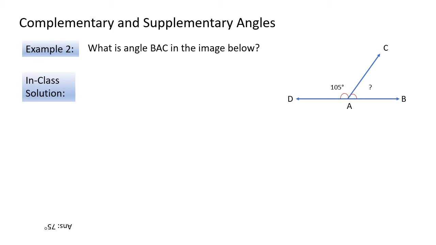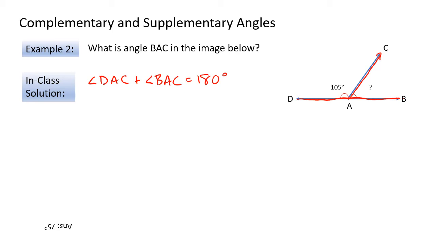So what we notice here is the line DAB. It's been split, okay, by adding another line here, okay? And what we remember is for supplementary angles, that means angle DAC plus angle, you can either do BAC or CAB, it means the same thing, angle BAC, have to equal 180 degrees.